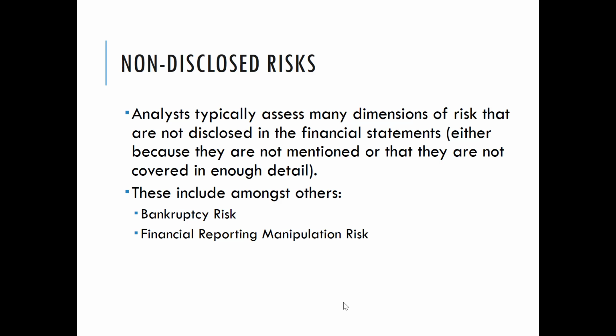So again, risk analysis, specifically around non-disclosed risks, tends to focus more on quantitative models, because both bankruptcy risk and financial reporting manipulation risk involve using quantitative models to estimate the probability of these things occurring.